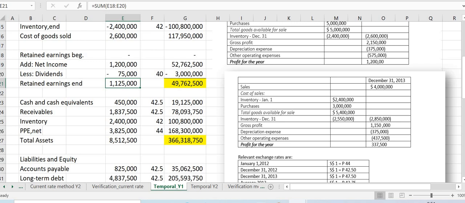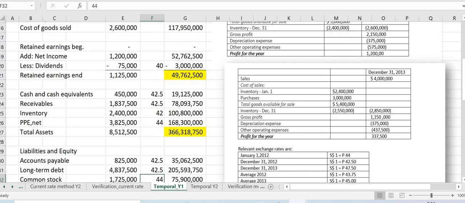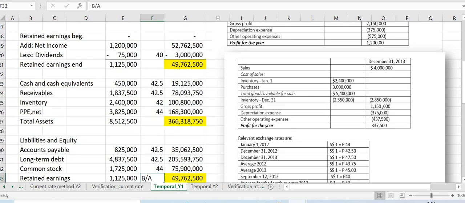We have retained earnings end in Singapore dollars of 1,125,000, translated into peso at 49,762,500. Your dividends, of course, are translated at the spot rate of 40, on September 2012, when the dividends were declared. So your dividends are translated at 3 million.